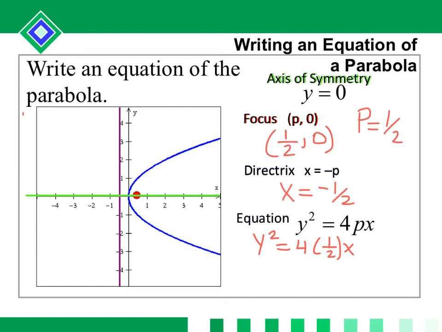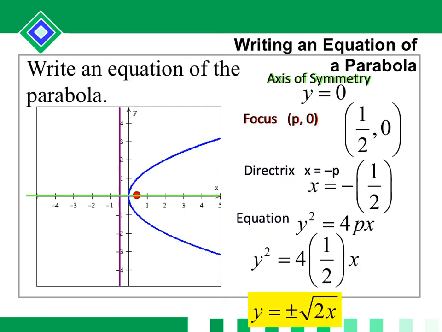So what do I get finally for the equation? I get y squared is equals to 2x. And if I wanted to graph it, I can find the square root of both sides, and that's how it looks when we graph it using technology.